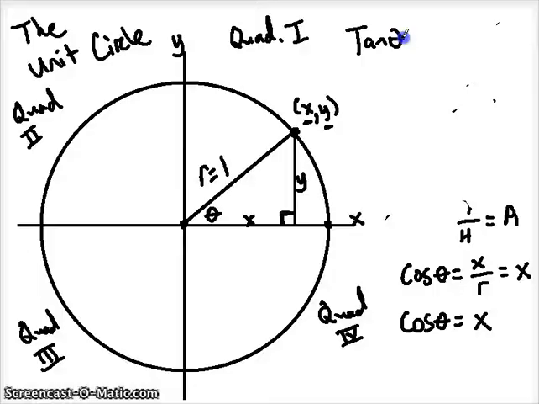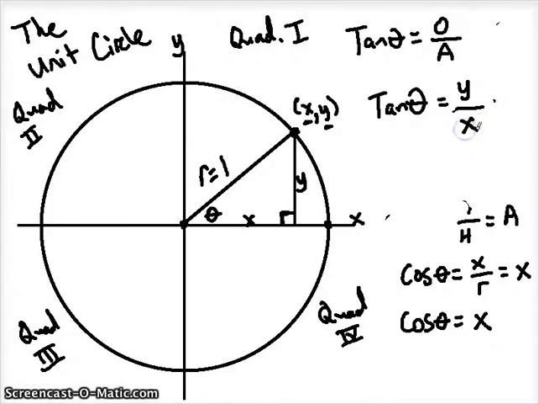Tangent of an angle is equal to opposite over adjacent. And so we need to apply that to our unit circle. Instead, we're going to write opposite is the y, adjacent is our x. So the tangent is actually equal to the y coordinate or y value divided by the x value.